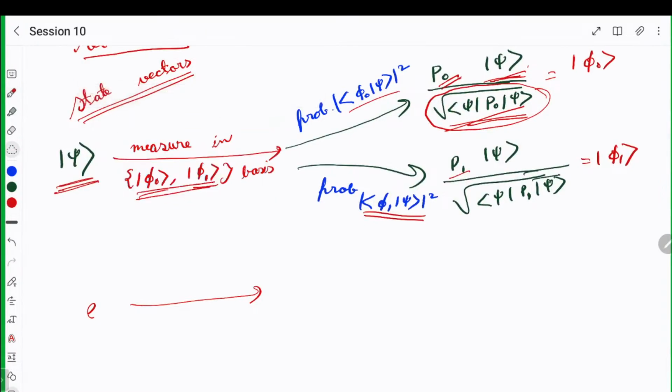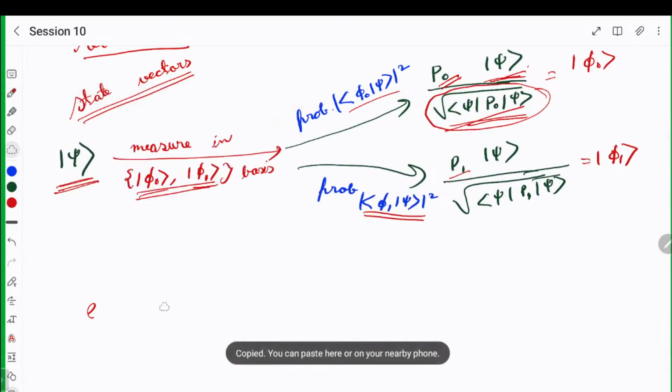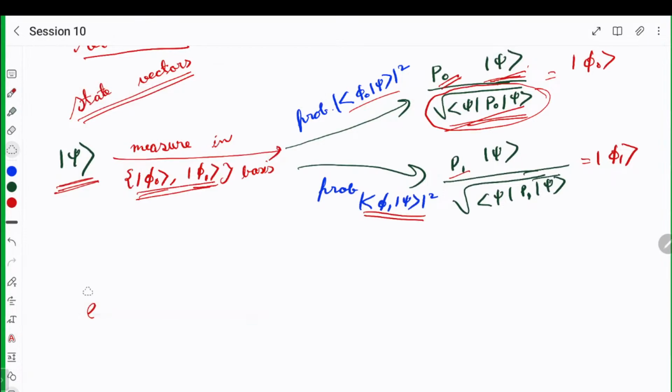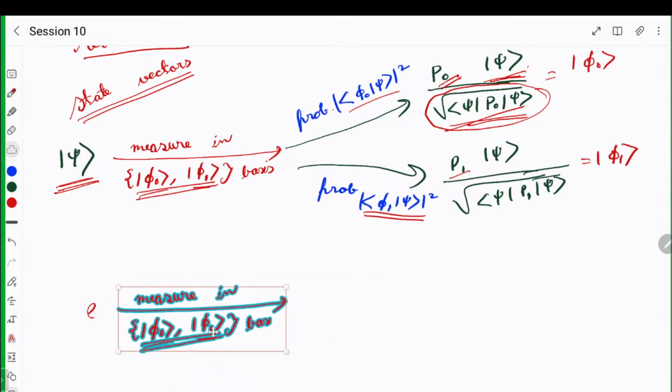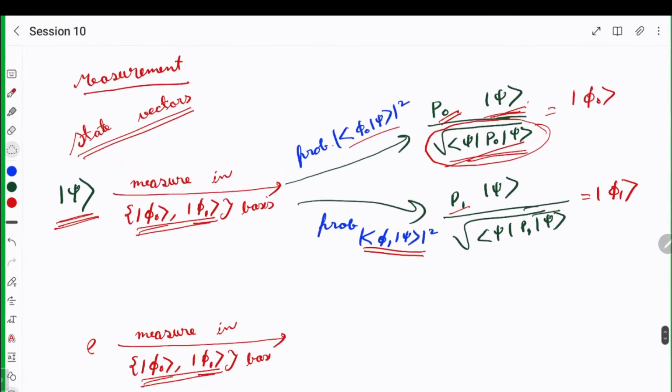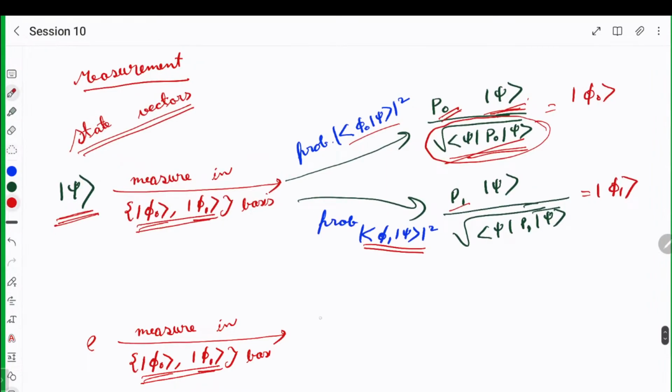Say you're measuring in this basis. If you remember the Born rule for density matrices, the probability of getting phi naught, for example, will be trace of rho times the projection operator P phi naught.